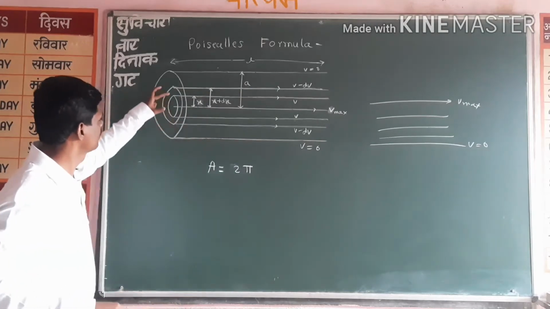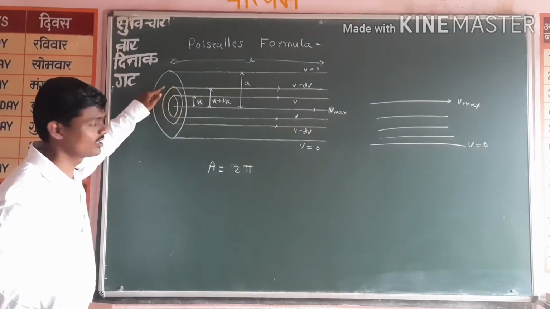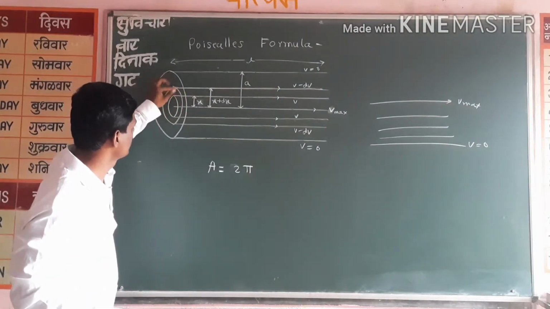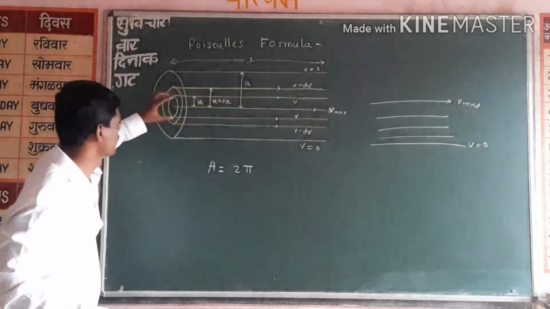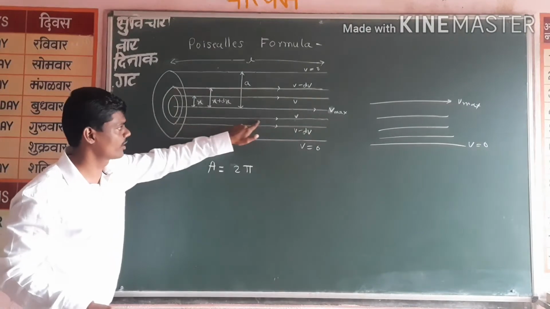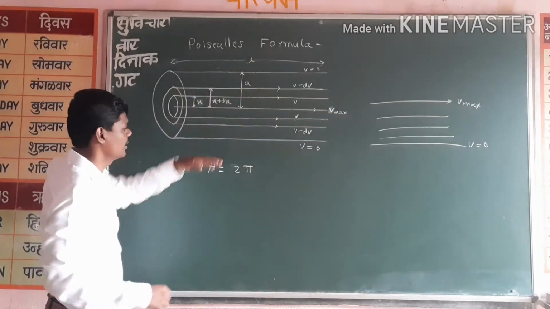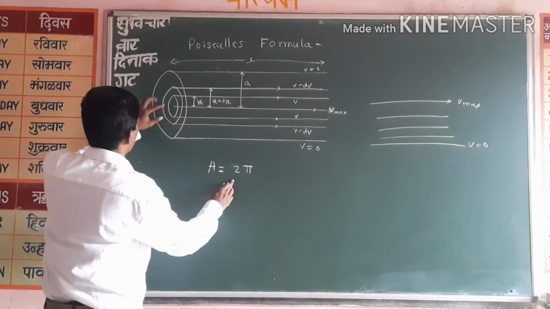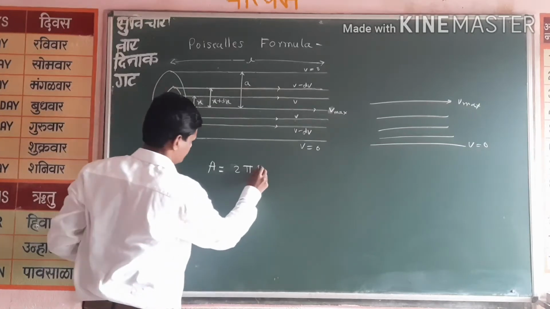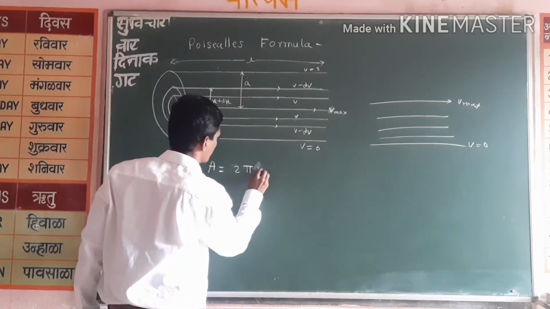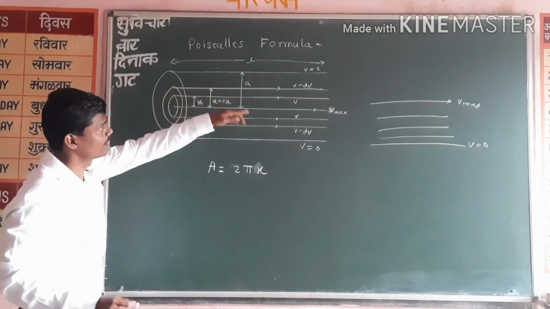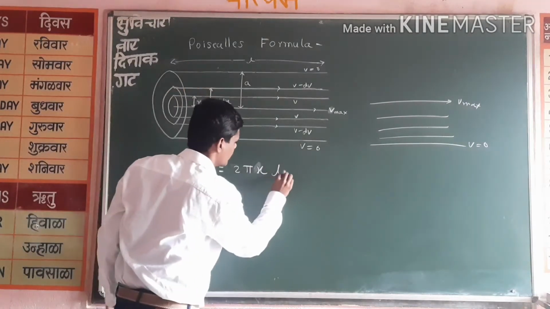Look here, we are not considering the cross sectional area, we are considering the total area of contact in 3D. So it is the circumference 2 pi r, sorry, here it is x, then multiplied with the length, we get the area.